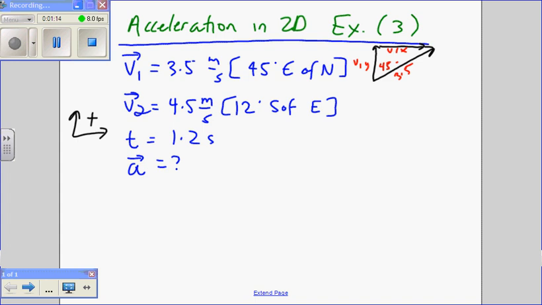Similar with the second velocity, 12 degrees south of east. This time that would look like here, 4.5. So at least you can see everything. There's my x component, there's my y component.